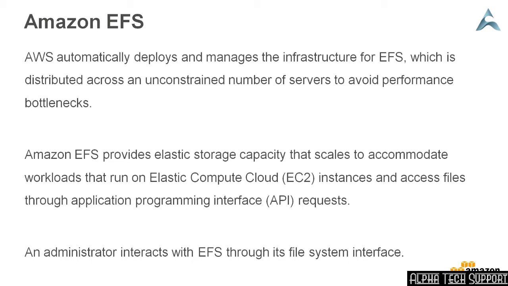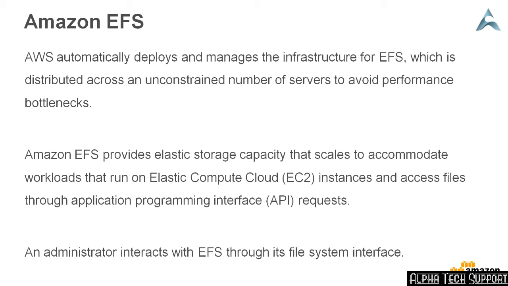EFS provides elastic storage capacity that scales to accommodate workloads that run on Elastic Compute Cloud instances and access files through application programming interface, or API, requests. You can run multiple EC2 instances and access files through API requests. AWS automatically deploys and manages infrastructure for EFS.